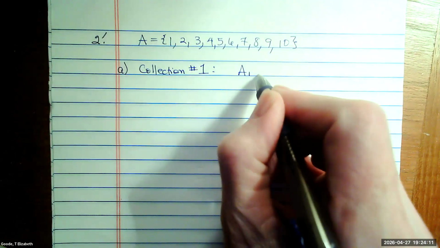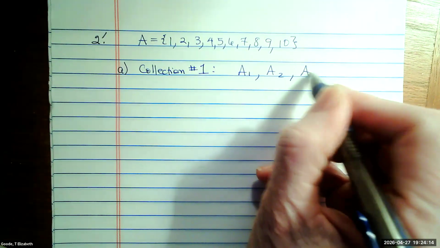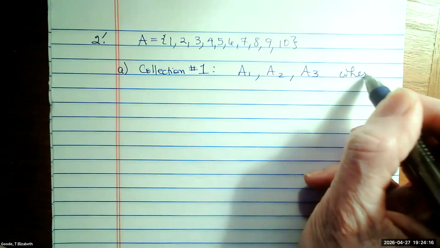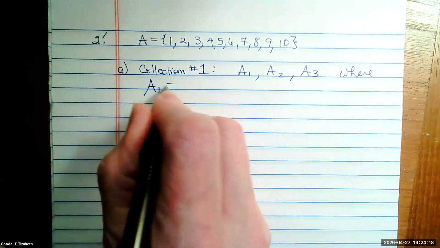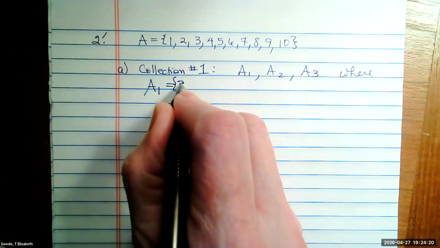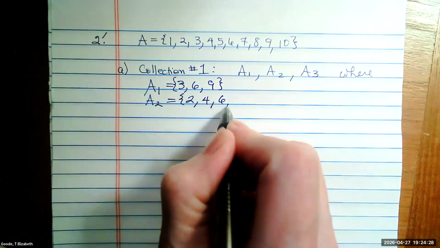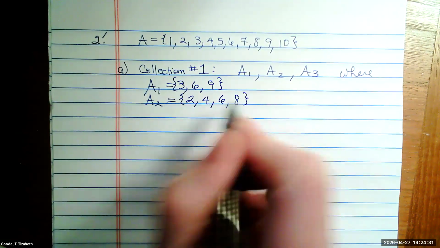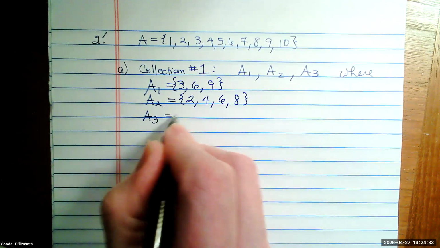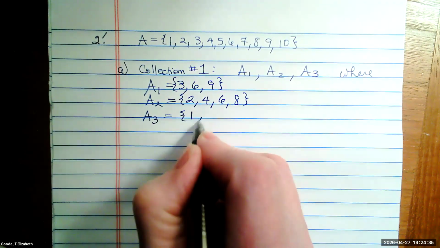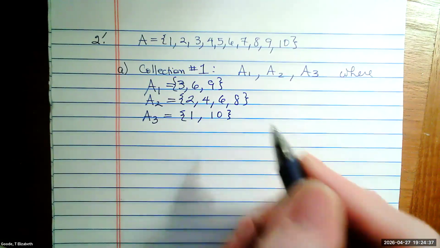It's going to be A1, A2, and A3, where A1 is the set with 3, 6, and 9 in it. A2 is the set with 2, 4, 6, and 8 in it. And A3 is the set with 1 and 10 in it.